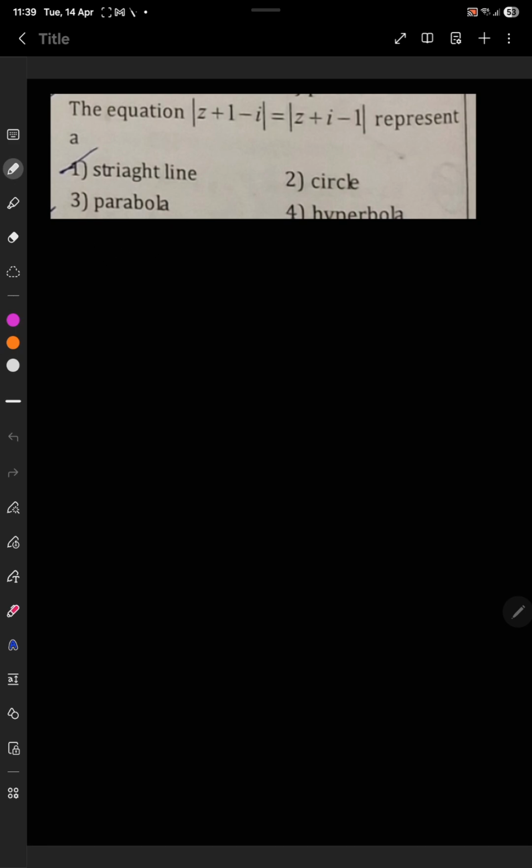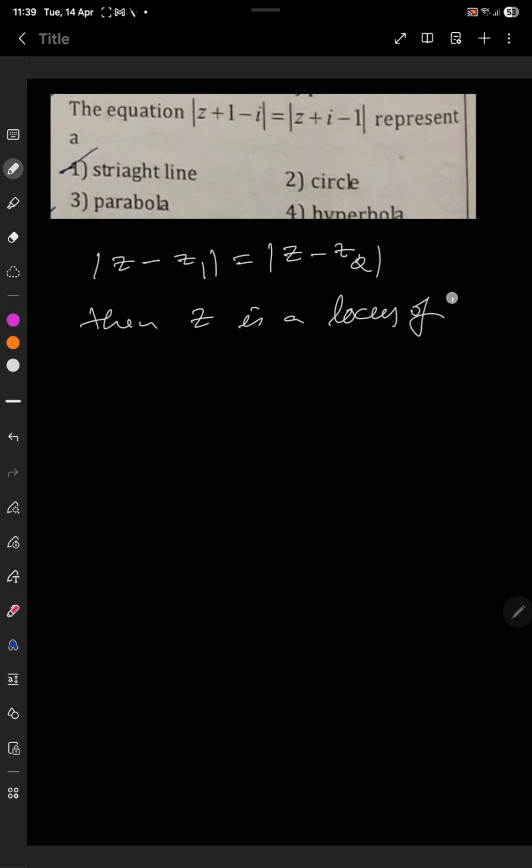In this problem, given that |z + 1 - i| equal to |z + i - 1|, what does it represent? We know that if |z - z1| equal to |z - z2|, then z is a locus of a straight line.